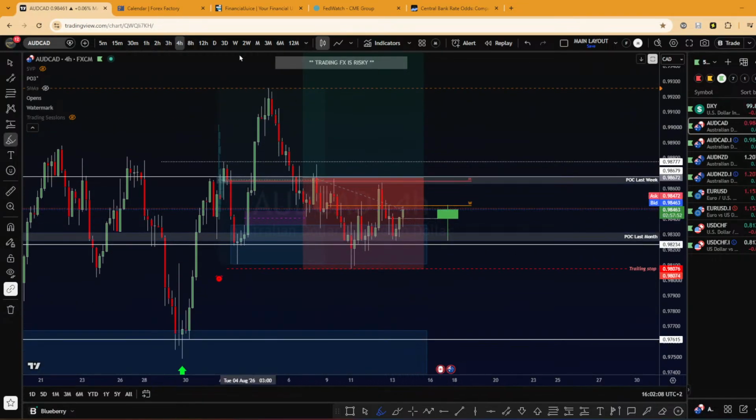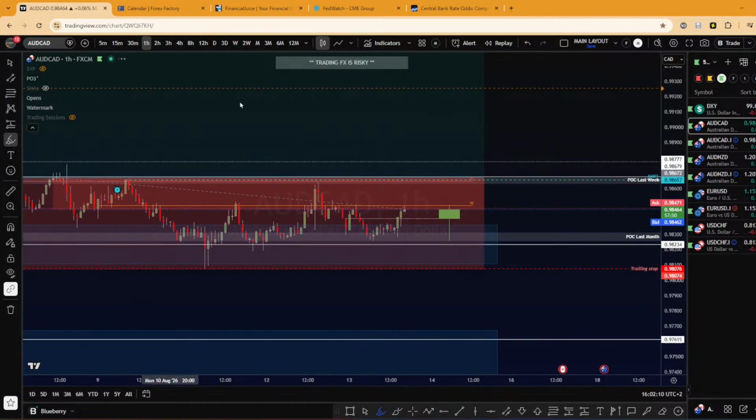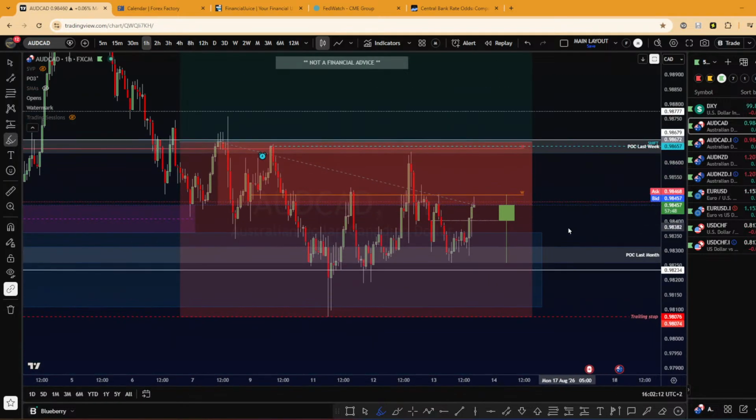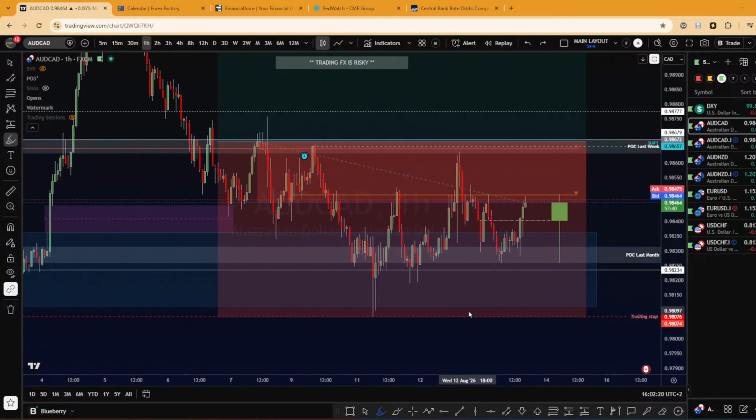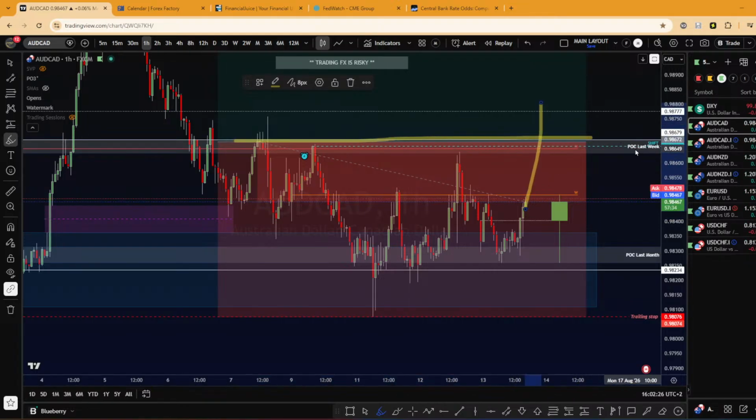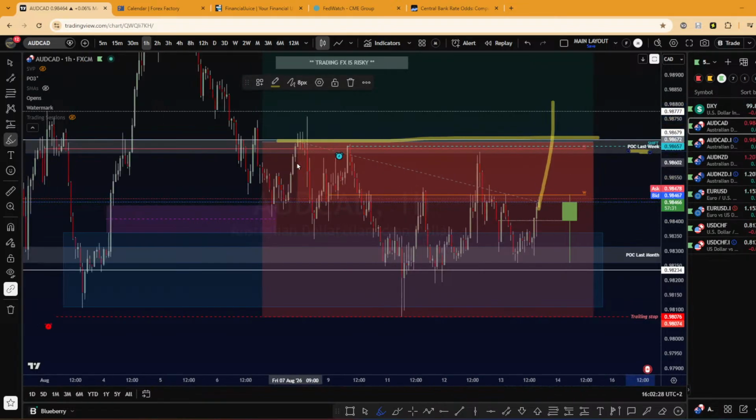So yeah, the confirmation I want to see is, price almost touched my stop loss, you see, but it's okay. What I want to see right now is maybe a break of these highs. You see, this point of control from the last week.